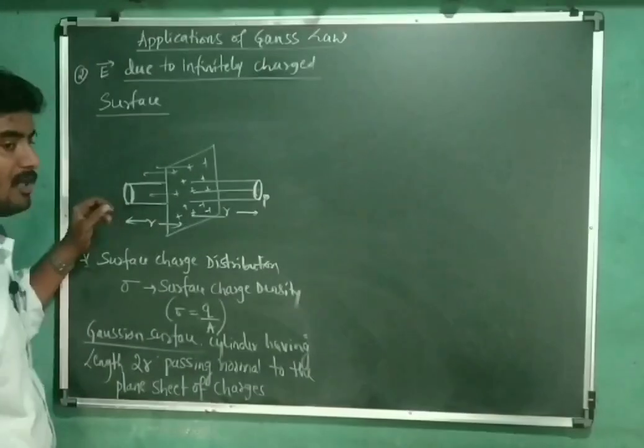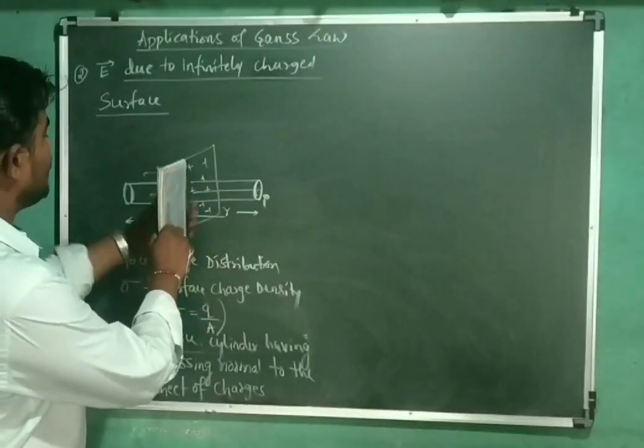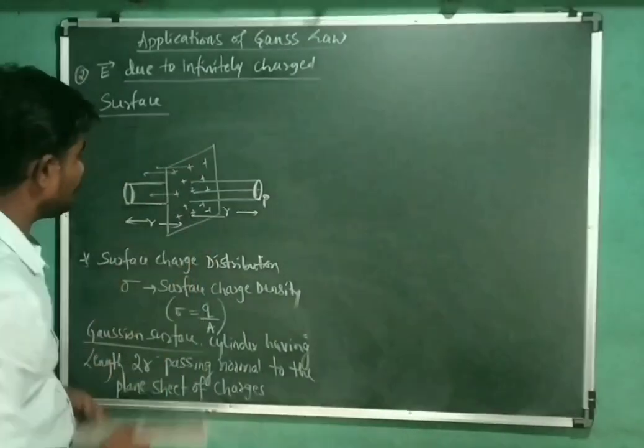Passing normal means perpendicularly it is passing. For example, if this is the plane, then the cylinder is passing this way.